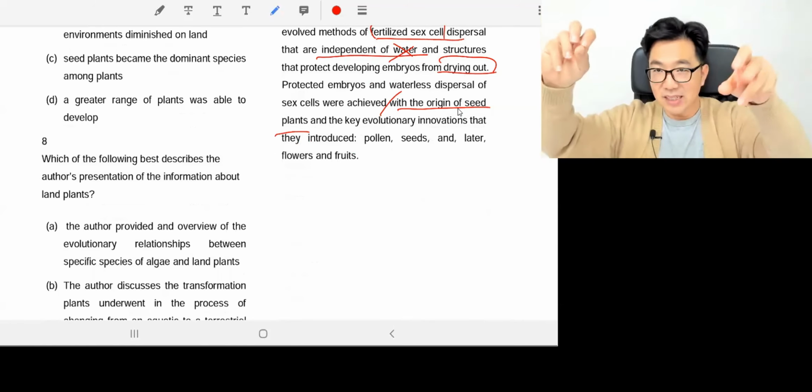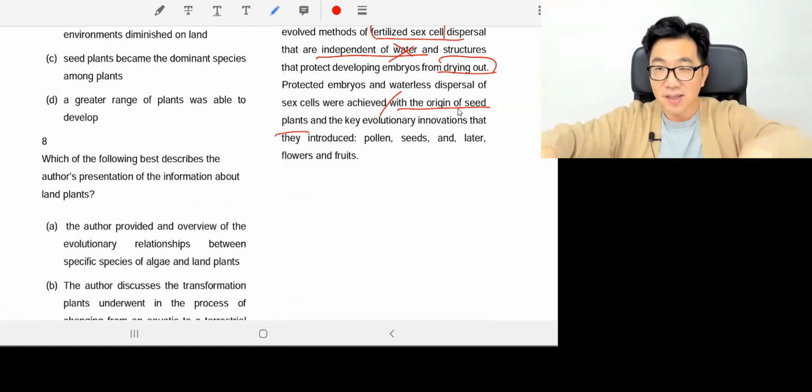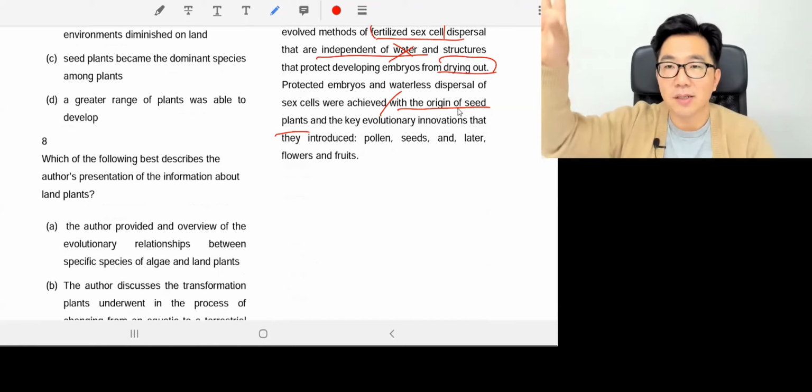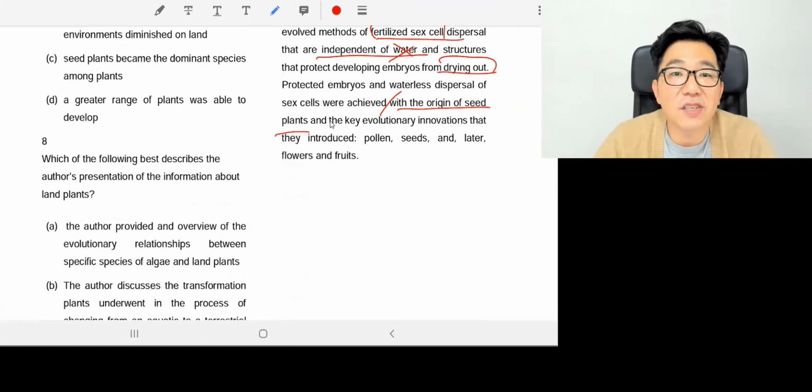Fruits and seeds in the fruits on the ground, rotted, or spread. So the origin of seed plants was able to disperse without the water.